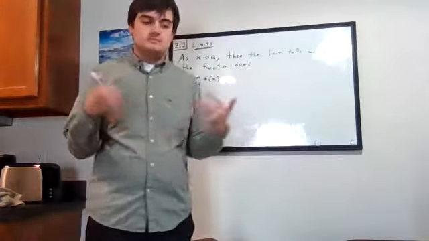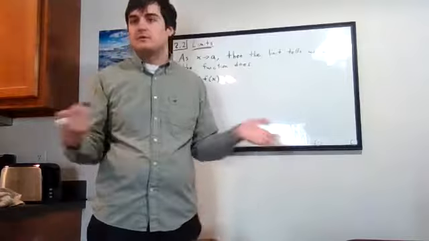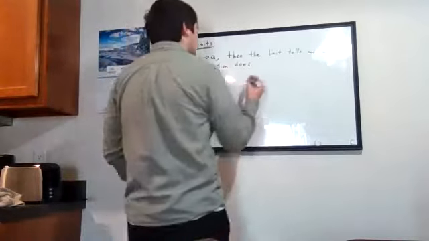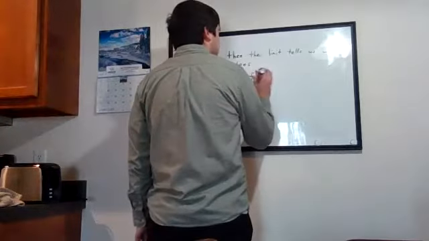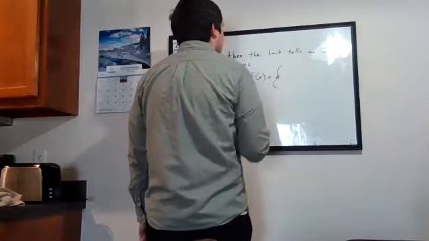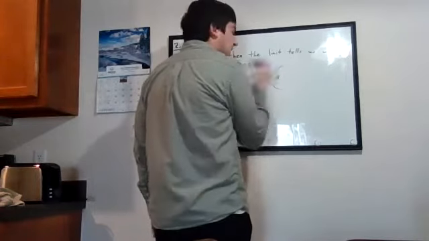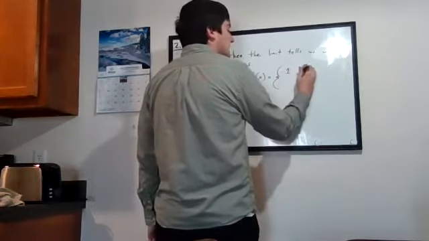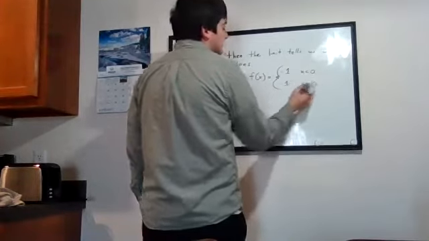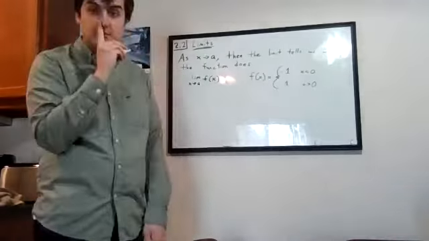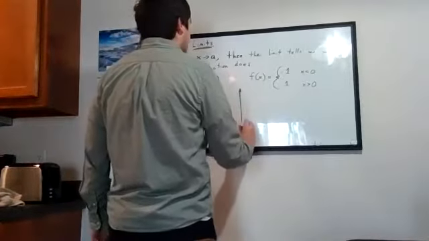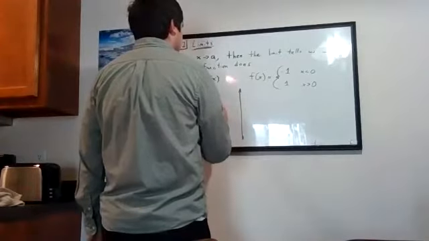So maybe a real easy example: let's look at the function f of x. And we'll do -1 when x is less than 0 and 1 when x is greater than 0. So you remember this is a piecewise function like from last time, okay? So we don't have a value divided to 0, right?